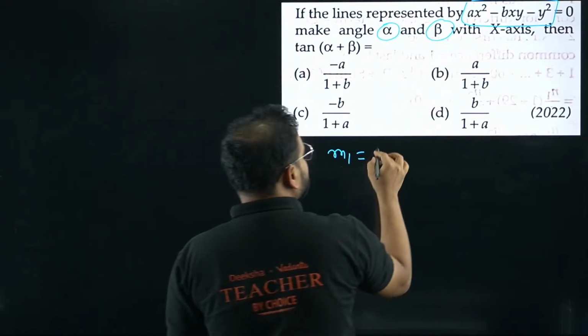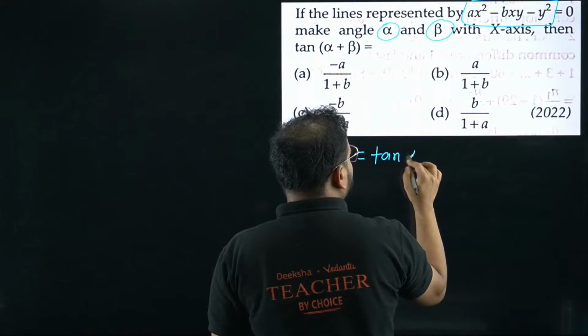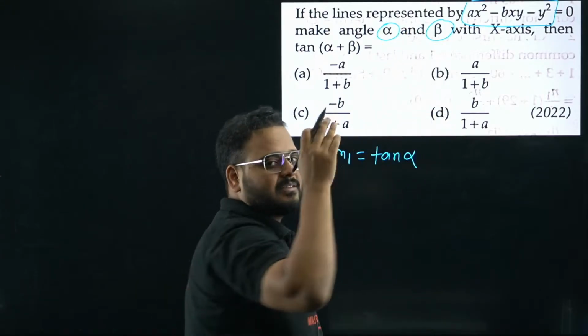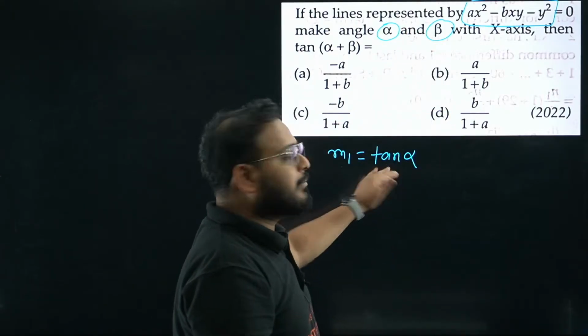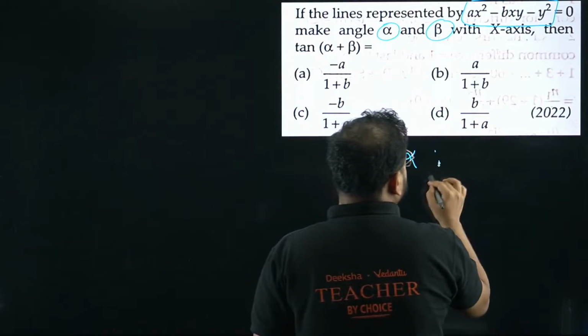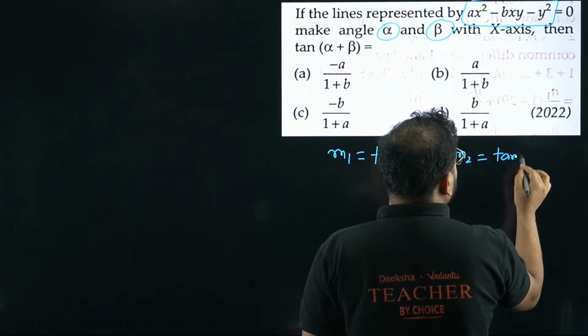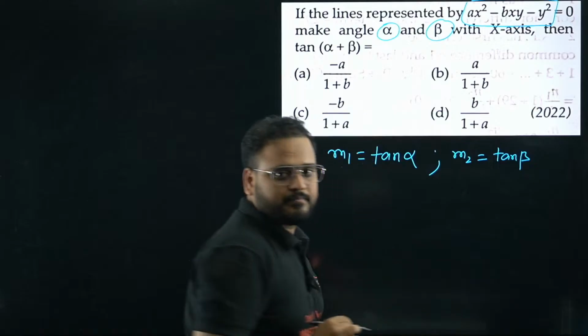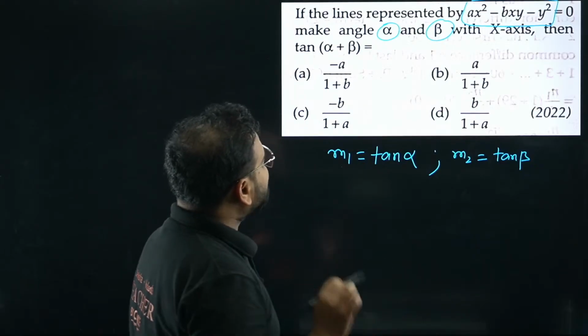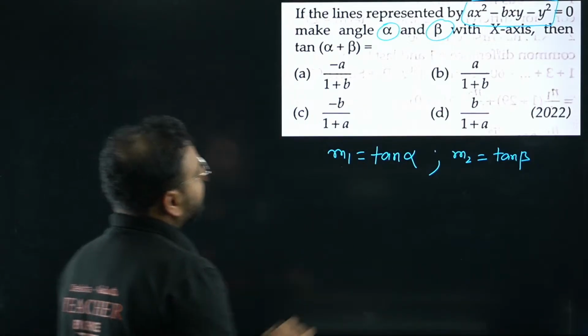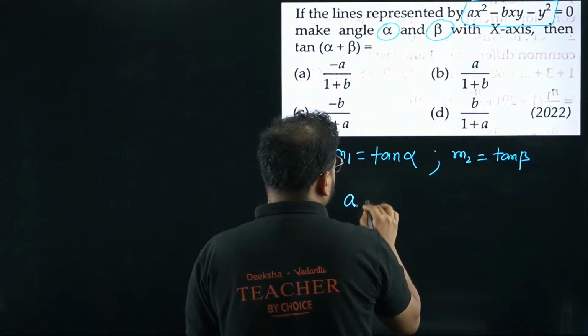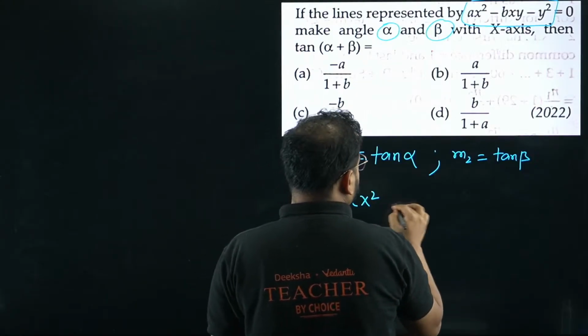So write m1 as tan alpha, because alpha is the angle of the line with the x-axis. So tan alpha will be the slope. In the same fashion, I'll have m2 as tan beta.